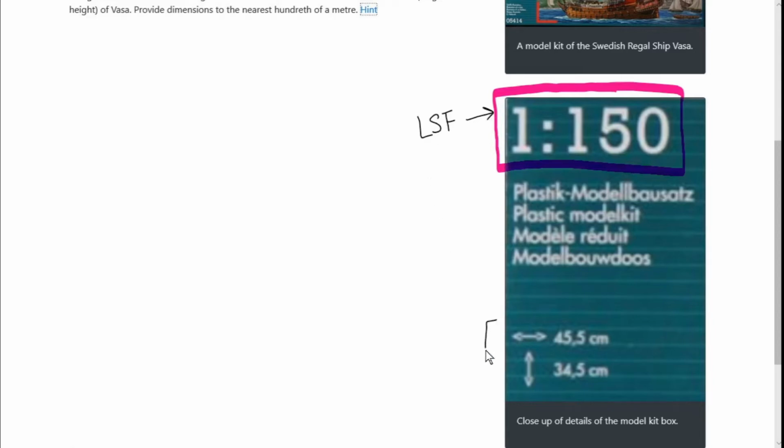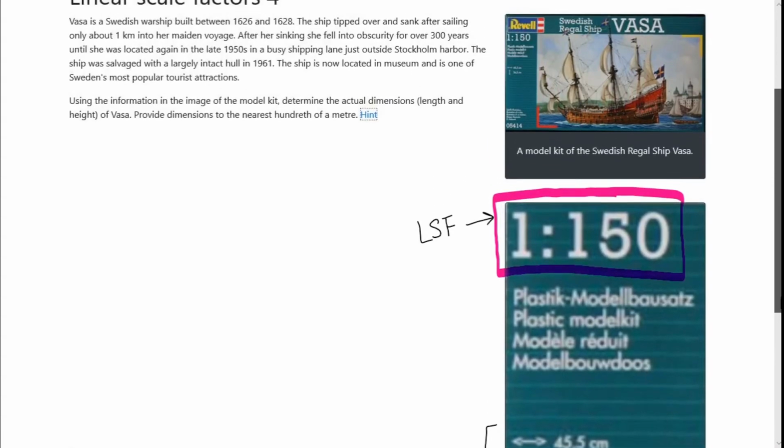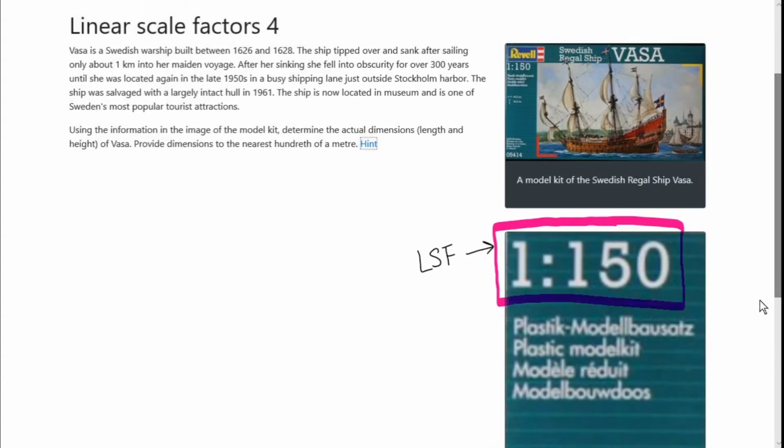And down here, it tells us the size of the model ship. So once it's built, it's 45.5 centimeters long, and it's 34.5 centimeters tall. And we want to use this information to determine the actual dimensions of the real-life Vasa.